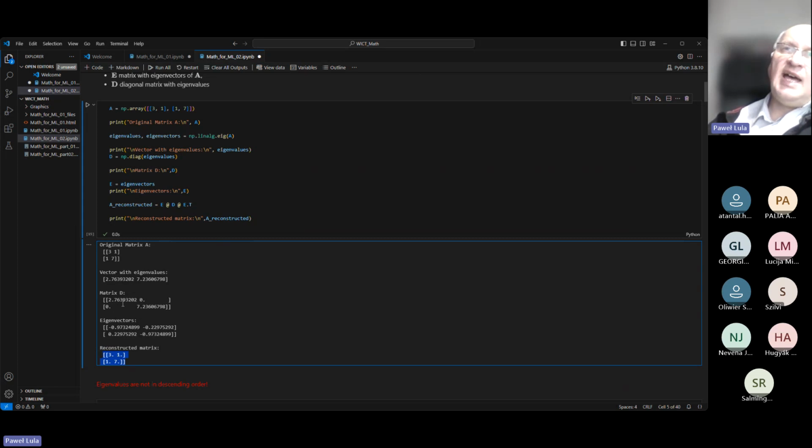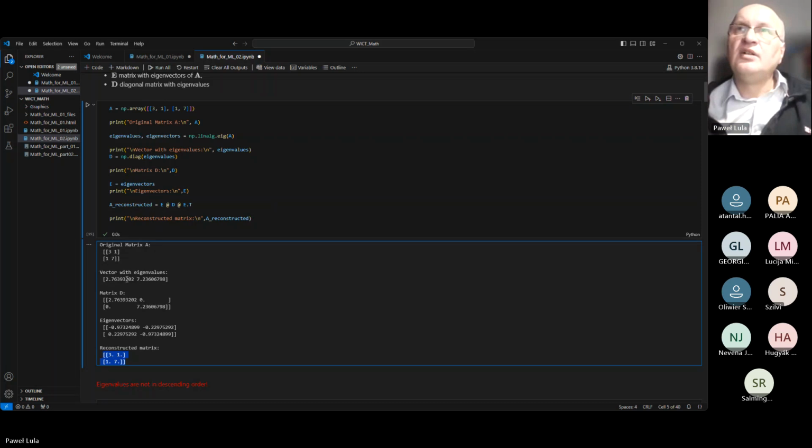Of course, eigenvectors are assigned to eigenvalues which are on the same position. We know about all these aspects. But there is one issue which we did not discuss. The order of eigenvalues.